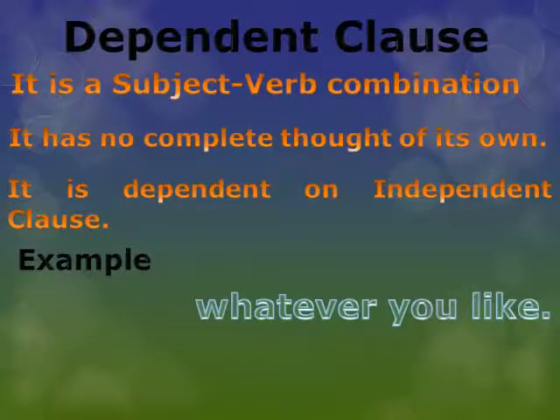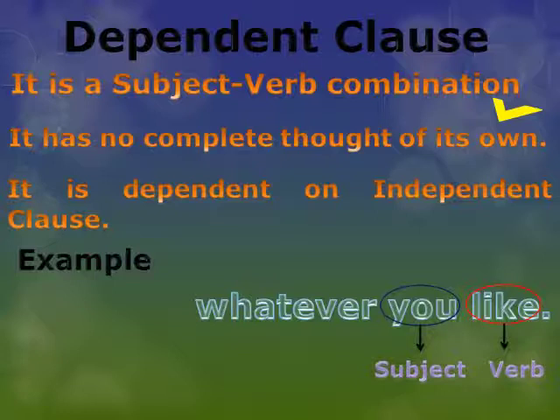I have written whatever you like. It is a group of words. If you see here, in this group of words, we have a subject, you, and we have a verb, like. So, it is a subject-verb combination.